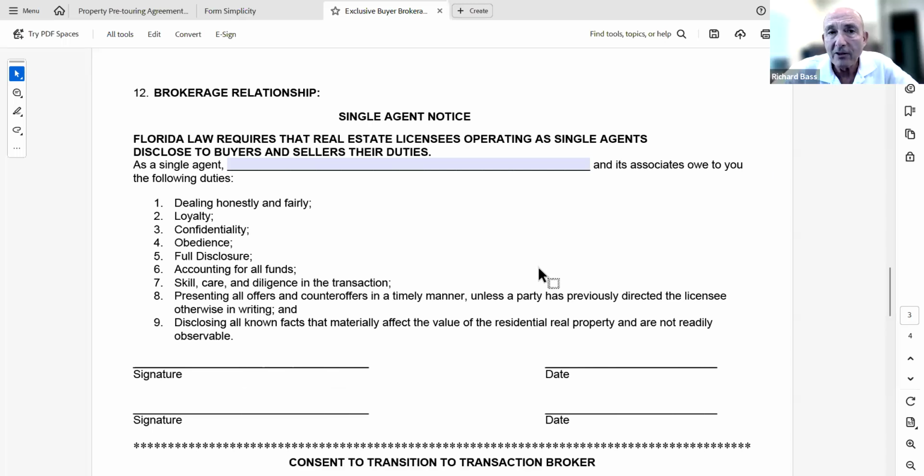The important part of this is talking about single agency. Mr. and Mrs. Buyer, what I want you to understand with this, 95% of all realtors out there work as transaction brokers. That means they're representing the transaction. They're not representing the individual.